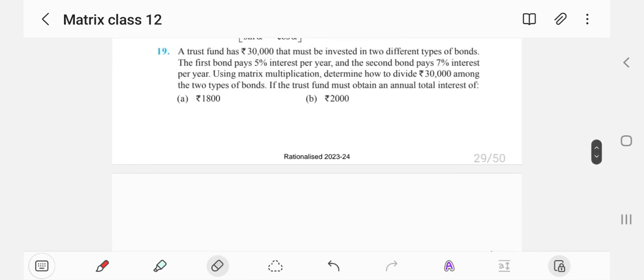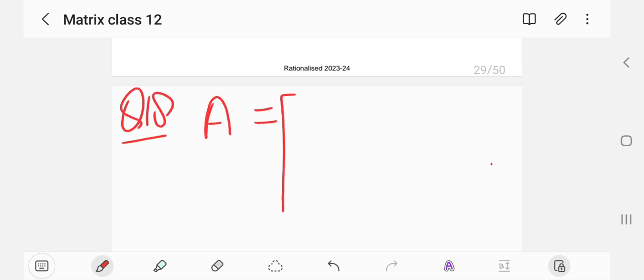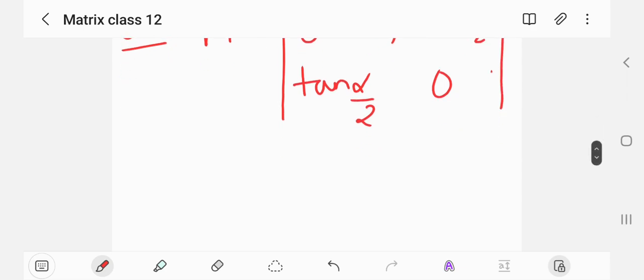So question number 18. The matrix A which is given to me is this: 10 alpha by 2 0, and here I get minus 10 alpha by 2. I have to add the identity matrix.